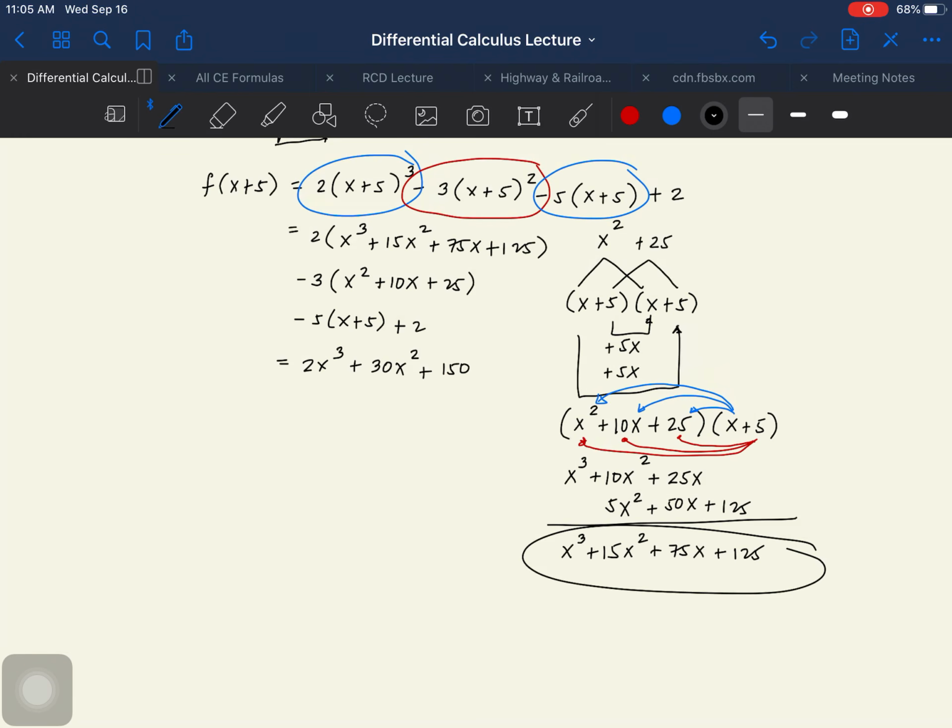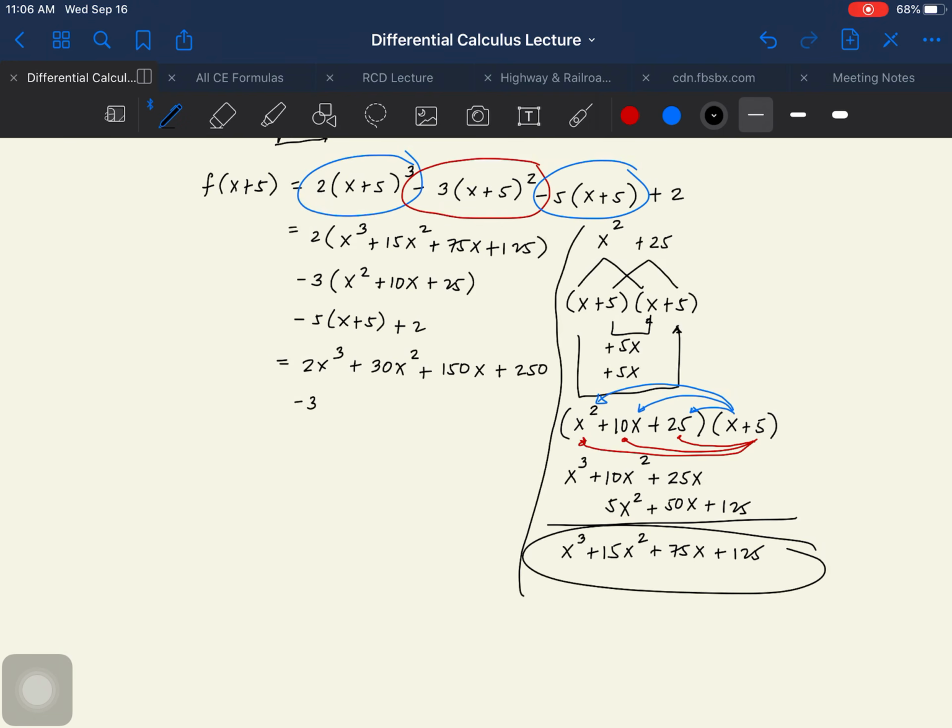That is 150x plus what is twice of 125? That is 250. Oh, I'm sorry with this one. I've been talking about organizing. Okay. I'm just still getting used to this type of gadget. Sorry.